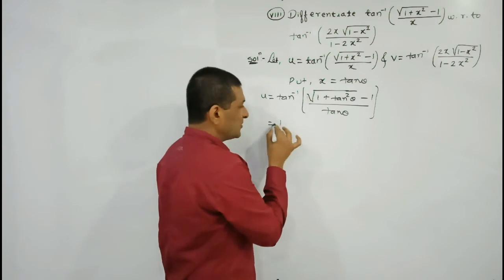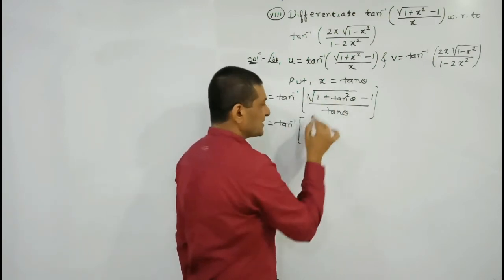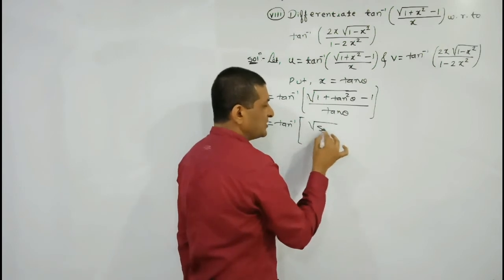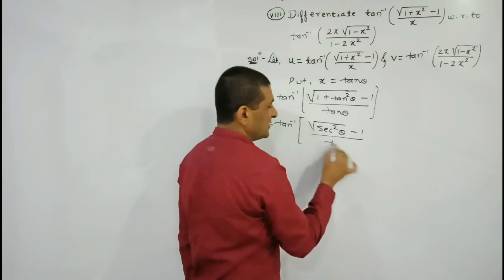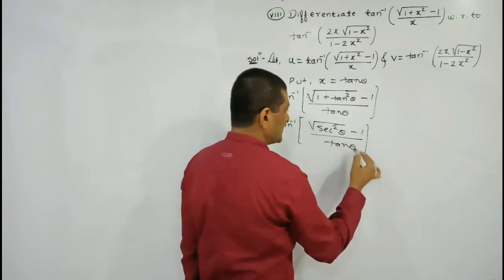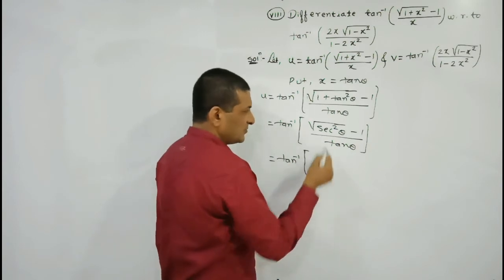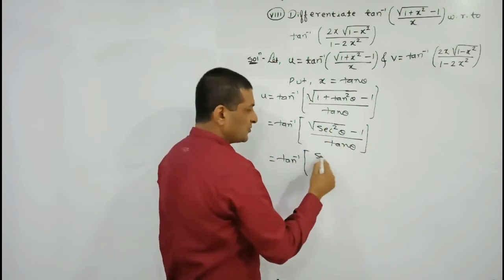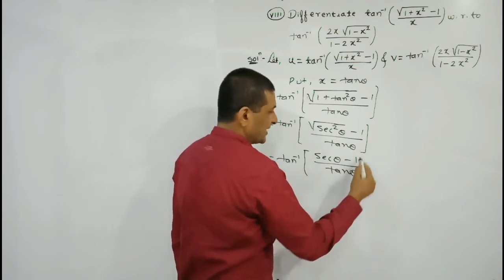So which is equal to tan inverse of, here 1 plus tan square theta, according to the identity, will be equal to sec square theta. Keep this minus 1 as it is. In the denominator tan theta, keep it as it is. Now here sec square outside the root will become sec theta, minus 1 divided by tan theta, isn't it?